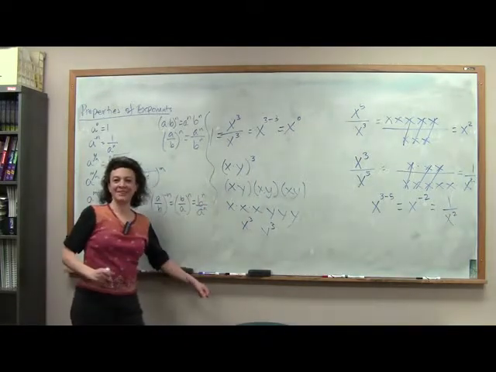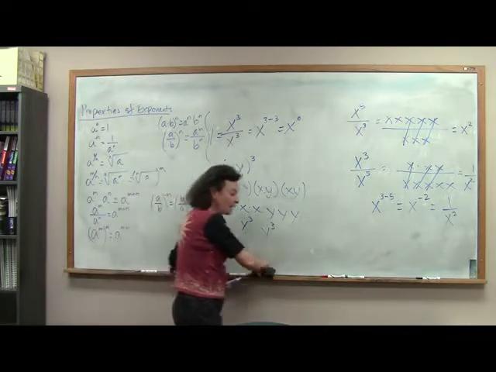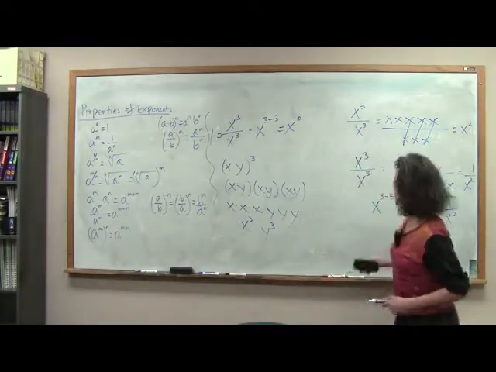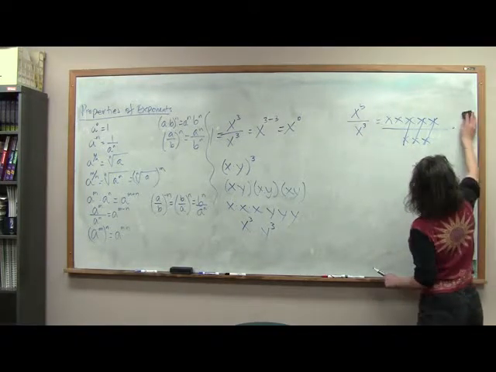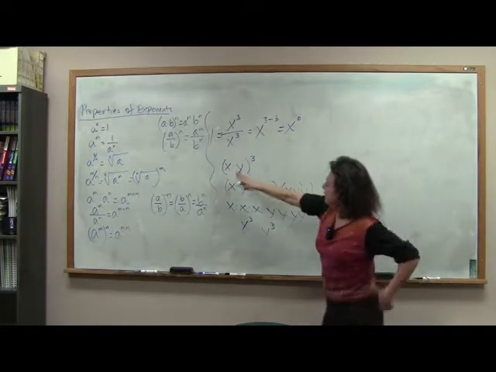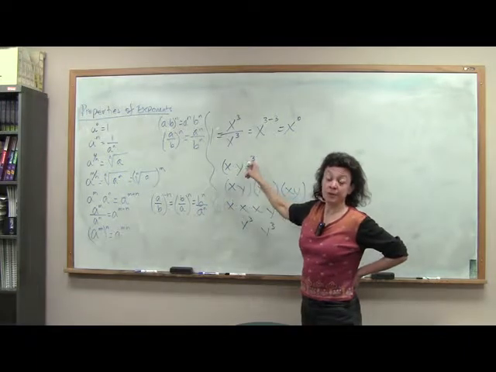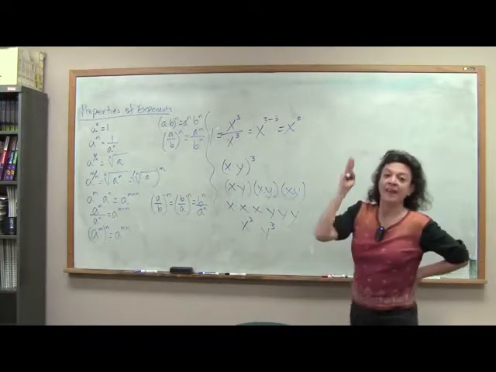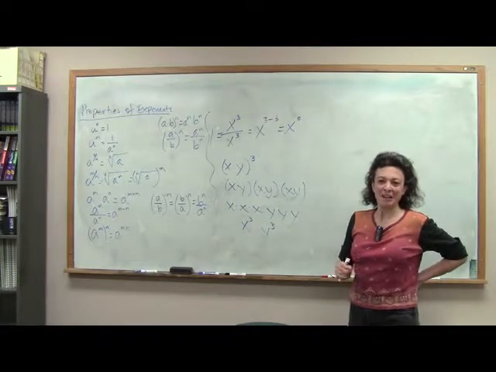Pretty sweet. Okay? Now, I want to contrast that with something else. Okay? The thing is, when you're multiplying inside and you raise that to a power, you can bring your exponent in. That does not work for addition or subtraction.